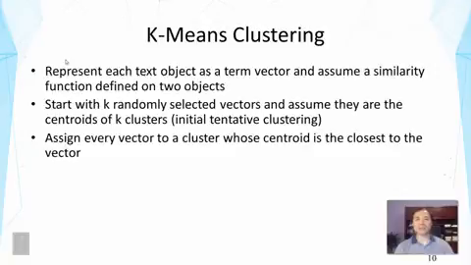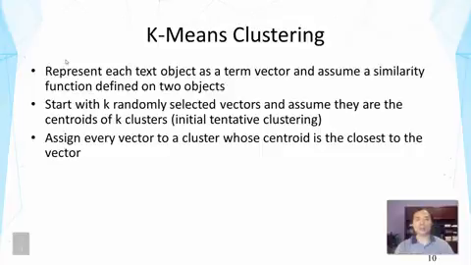Once we have these centroids, we're going to assign a vector to the cluster whose centroid is closest to the current vector. So basically, we're going to measure the distance between this vector and each of the centroids and see which one is closest to this one, and then just put this object into that cluster.